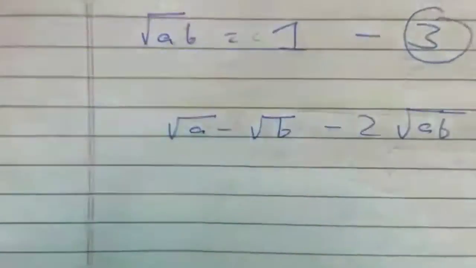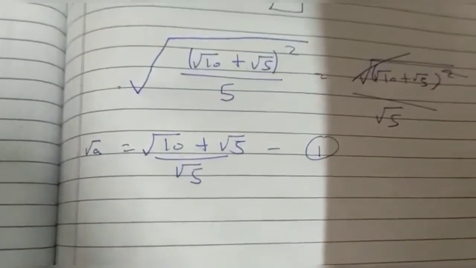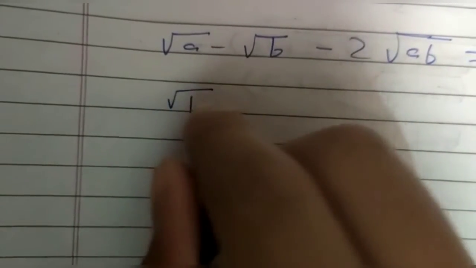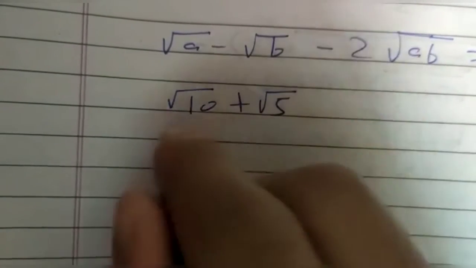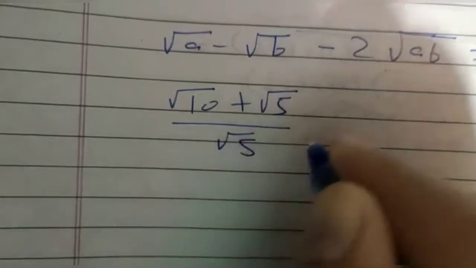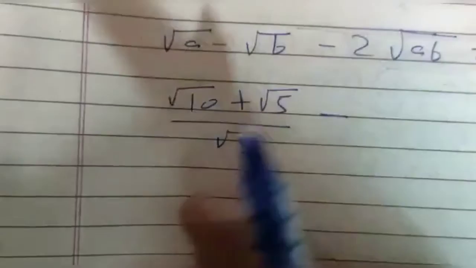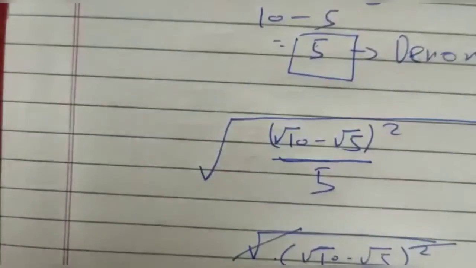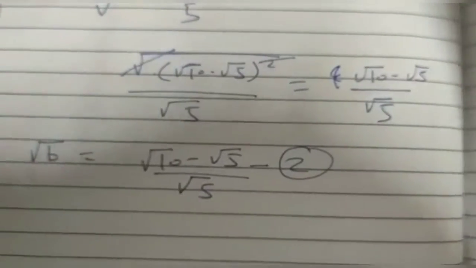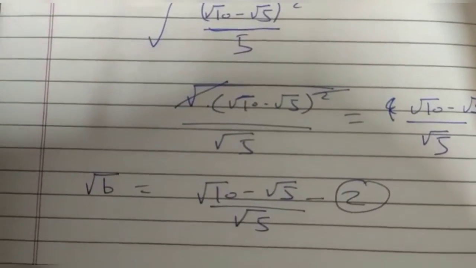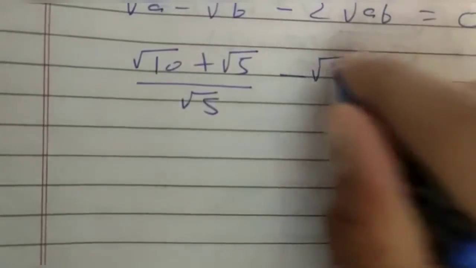So the value of root a by equation number 1 is root 10 plus root 5 upon root 5, minus root b, the value of root b by equation number 2, which is root 10 minus root 5 upon root 5.